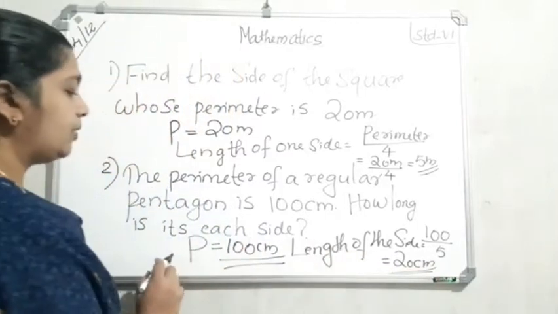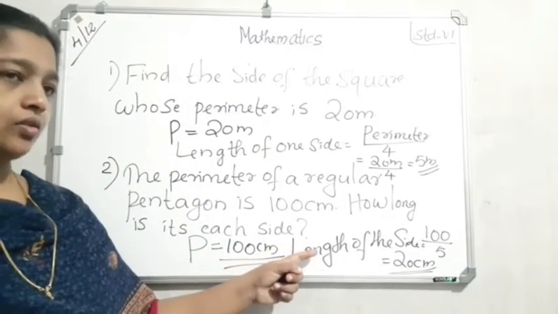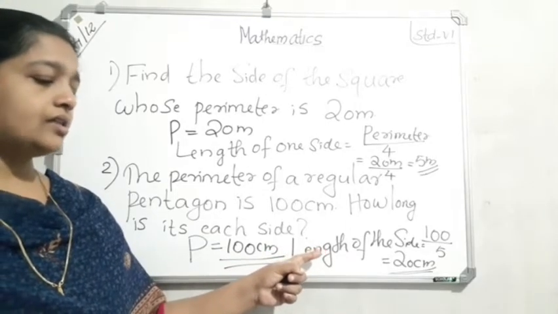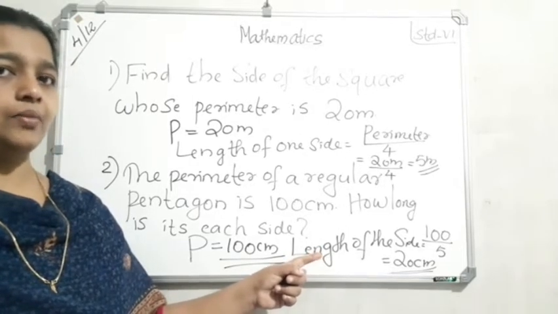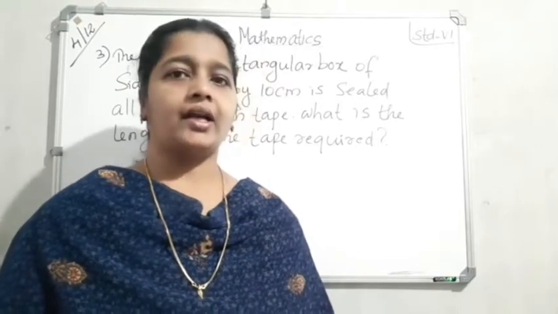Once more, perimeter equals 100 centimeter, length of the side equals 100 divided by 5, that equals 20 centimeter.